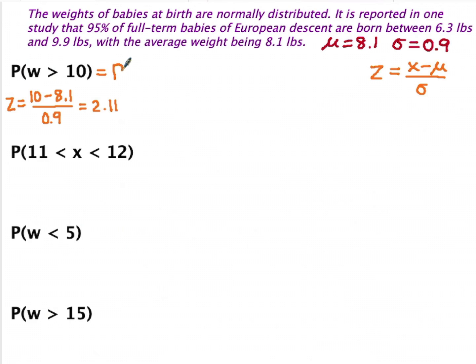And then instead of calculating that for the weight being 10 pounds, we'll be calculating for the z-score being 2.11. Again, that table won't let us do greater than, so we'll take the complement of that. 1 minus, what's the opposite of greater than 2.11? Less than or equal to 2.11. Not paying too much attention to that, or equal to.